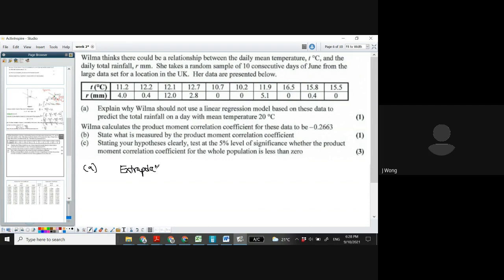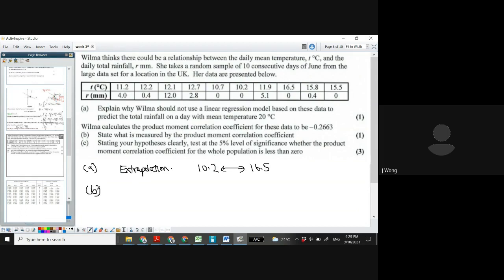That is what we don't want to do because that will impact the accuracy of the prediction, because it is not the data available in our data set. So if it is 20 degrees, that is beyond the range that we have here, which is 10.2 to 16.5. If we attempt to make a prediction based on that, it is extrapolation.